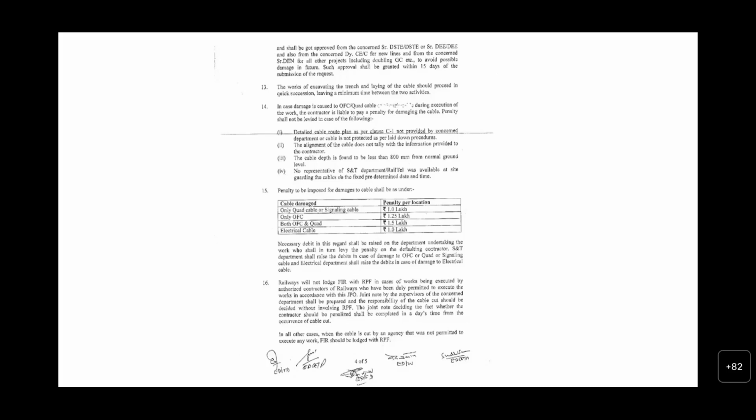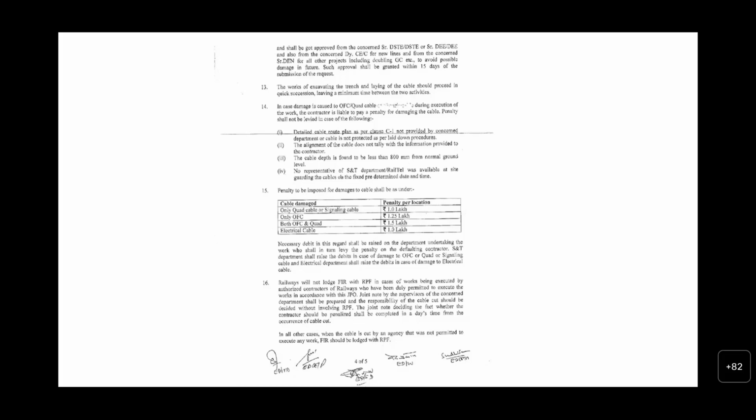Another, the 16th point, indicates the railway will not lodge an FIR with RPF in case of work being executed by an authorized contractor of the railway who has been duly permitted to execute the work in accordance with the JPO.